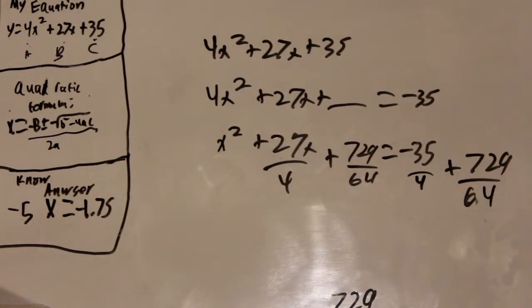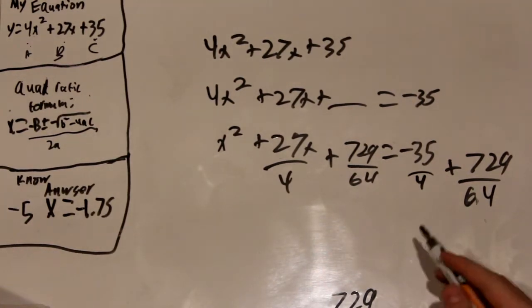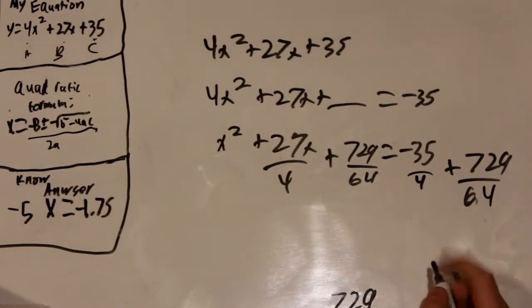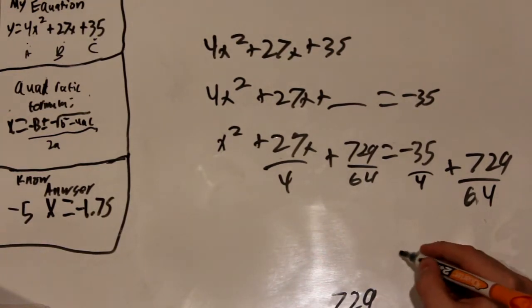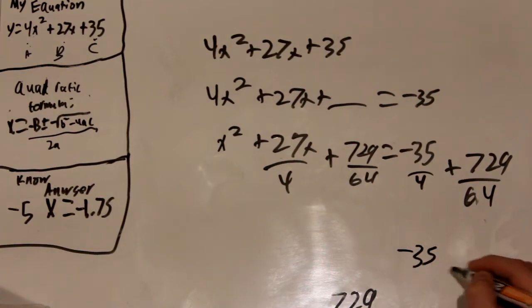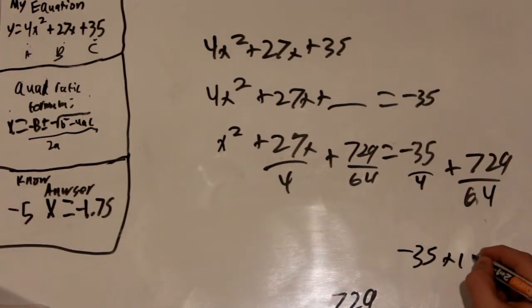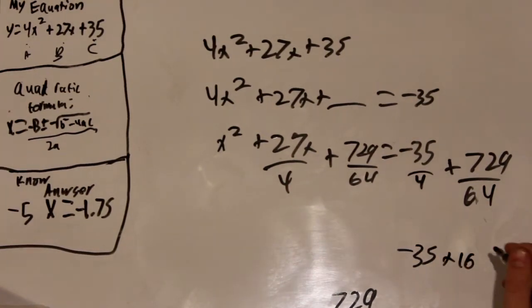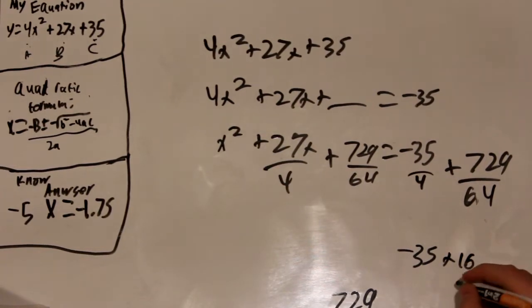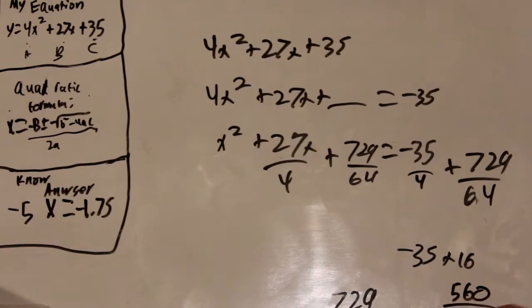And now we must get everything on the same level for these two equations. So now we must take negative 35 times 16. And we've seen that earlier as 560. So 560 divided by now 64.